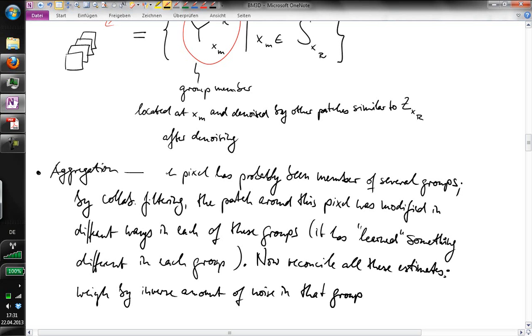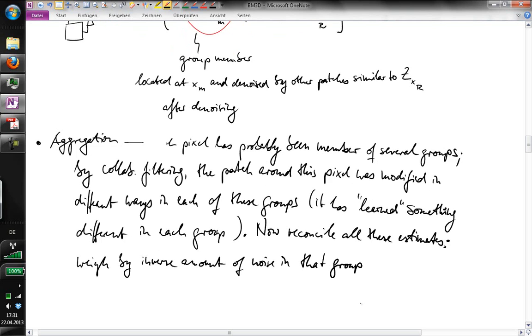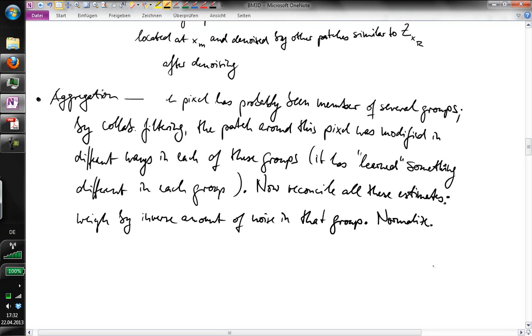So the idea is that noisy groups get smaller weight, which makes sense. And in the end, we again need to normalize or make sure that the weights sum to 1. Okay, that was in words. Now here's the equation.